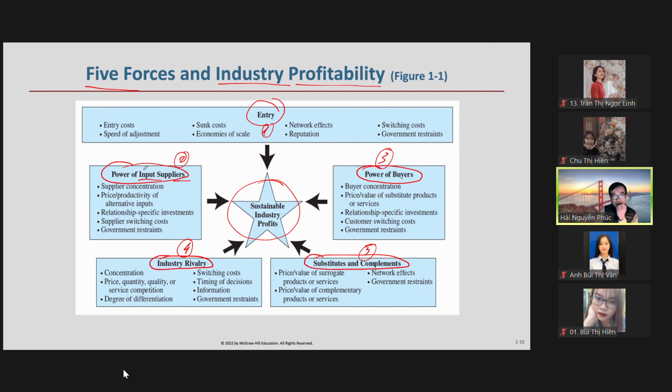Let's take an example. Last week, if you read the news, you can see that there was a collapse in the price of Facebook stock. It decreased by roughly more than 20% in a day. What happened?